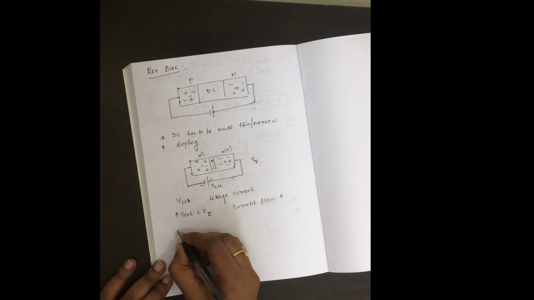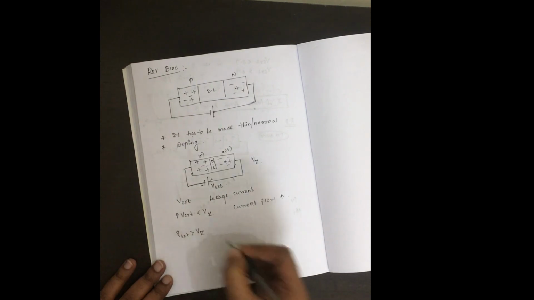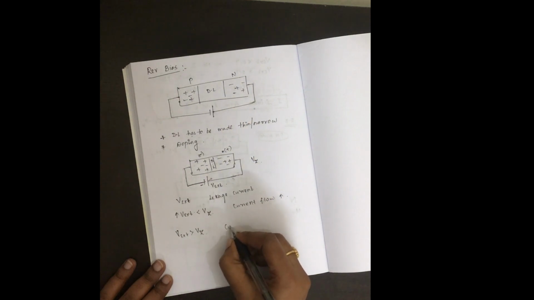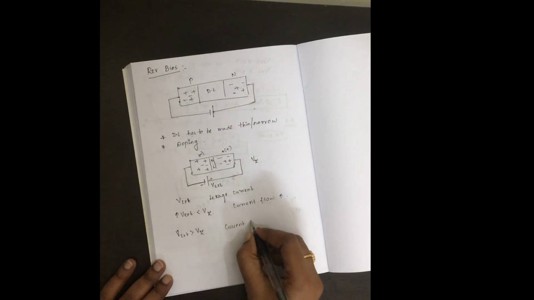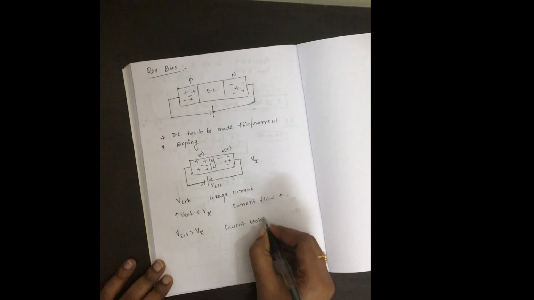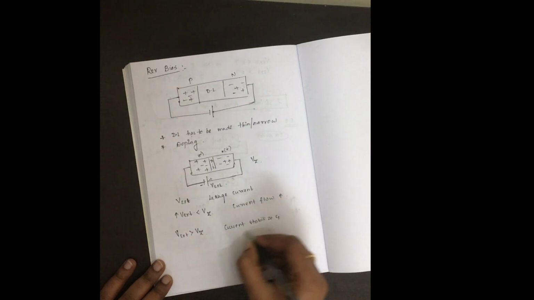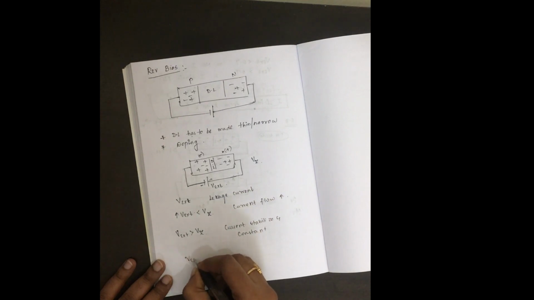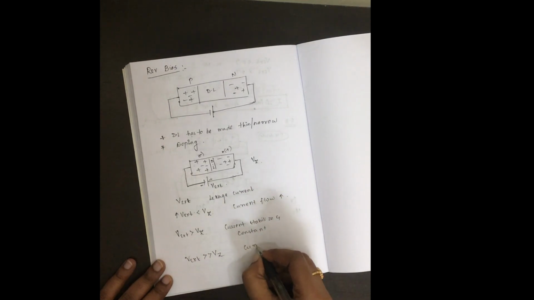Once this external voltage becomes greater than the Zener voltage, the current will stabilize and it will remain constant. So now whatever extra voltage you are applying, the current will remain constant.